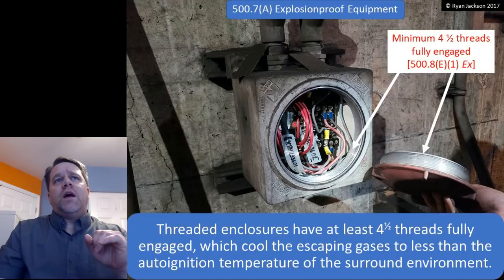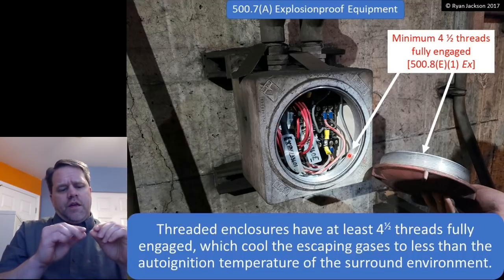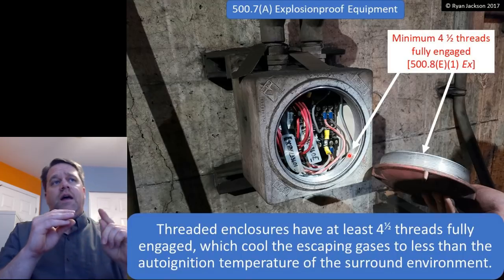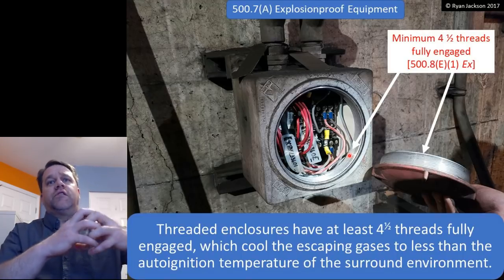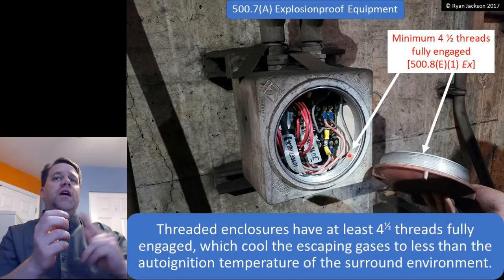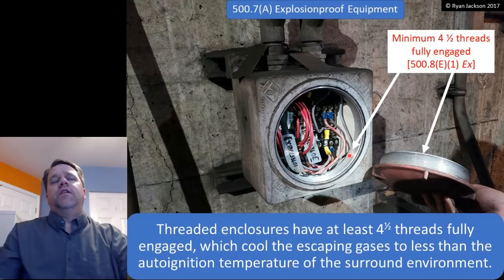So when we have an explosion inside of that enclosure, it has to swirl through these threads, right? The threads actually expand ever so slightly, and the hot burning gases have to swirl through those threads. They have to fight their way out of the enclosure.